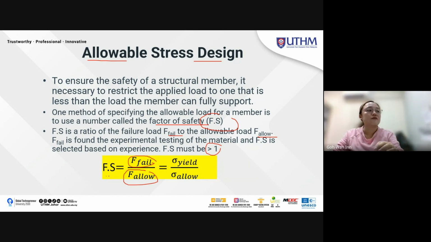If you want to put the safety factor at 1.5, you cannot put the allowable and the failure the same, because sometimes, imagine you are in Malaysia, people like to renovate, extend the car porch, add extra upstairs rooms and so on. If the failure and the allowable are the same, you cannot do any renovation at all, because if you add any load it will fail, since it will be more than the allowable load. So when you are doing the design, we have factor of safety.